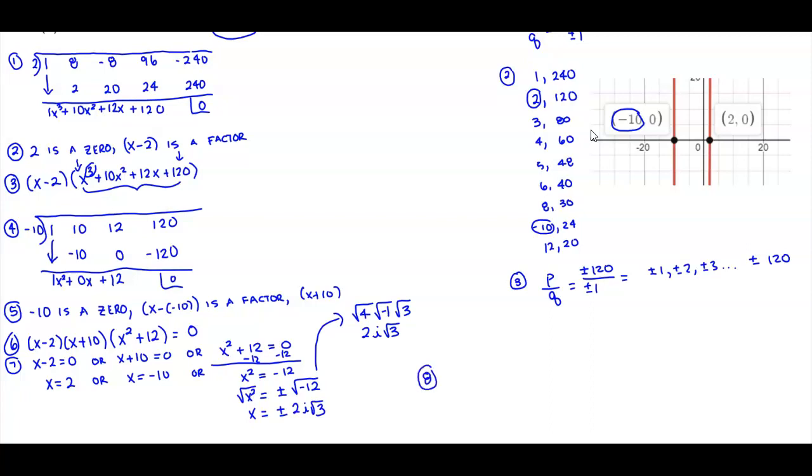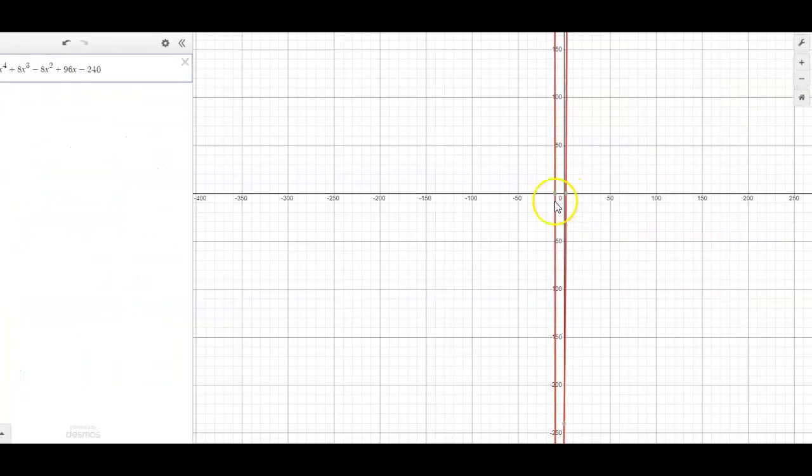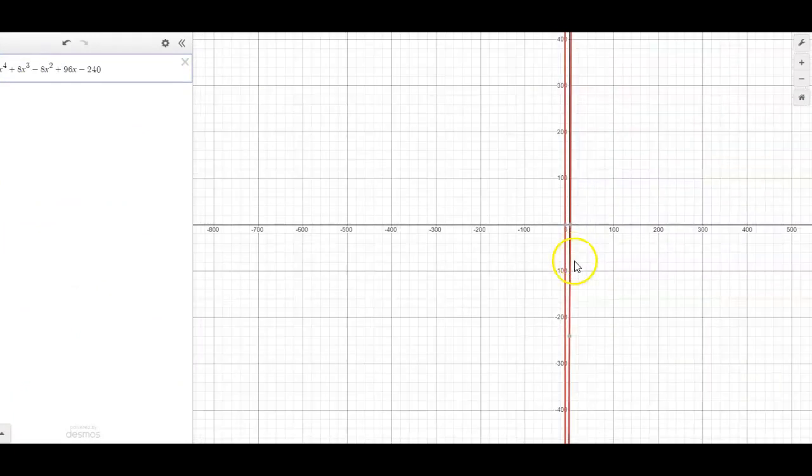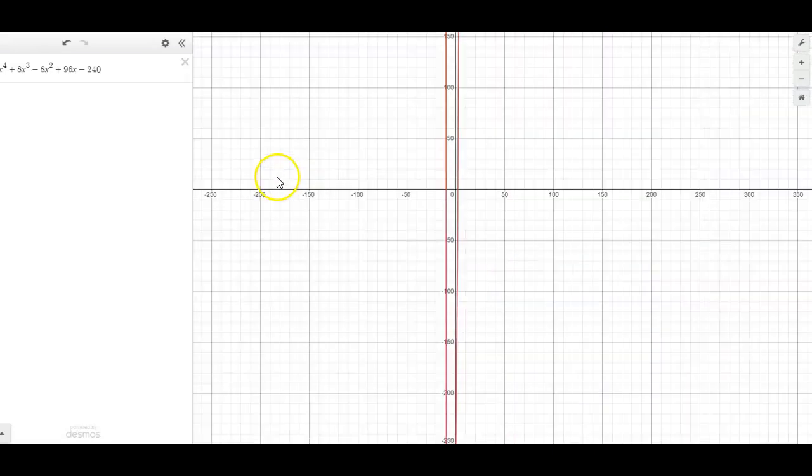So what are the zeros of the function? Well, one of them was negative 10, the other one is 2, and then one of them is negative 2i times the square root of 3, and the other one is positive 2i times the square root of 3. By confirming that, we know that this is a degree of 4. If we look at this graph, it only crosses the x-axis at 2 points, which means that the other values are going to be complex numbers, which are imaginary numbers.